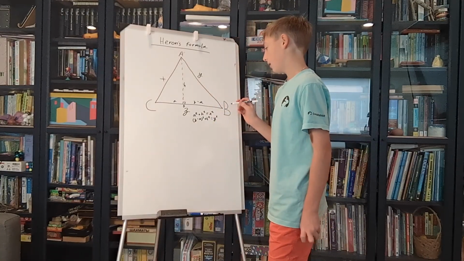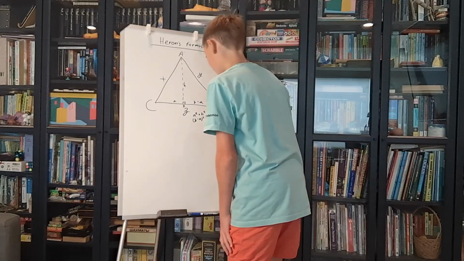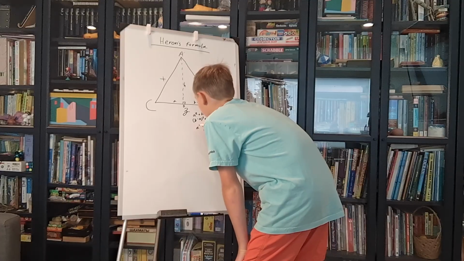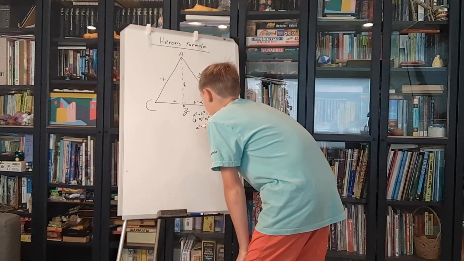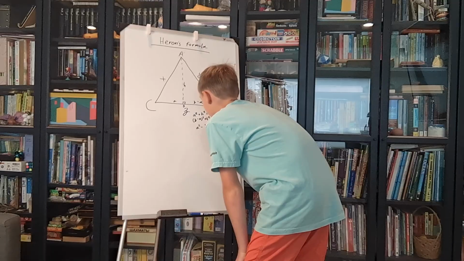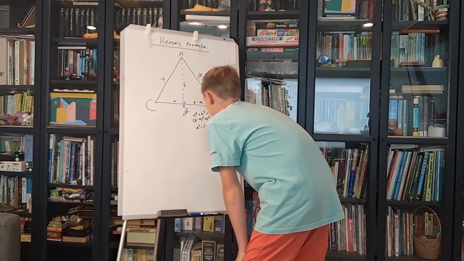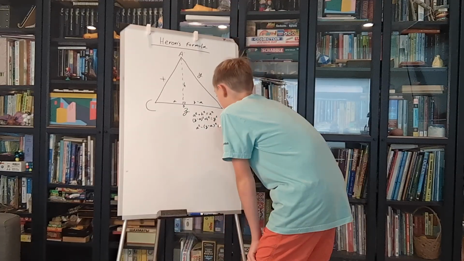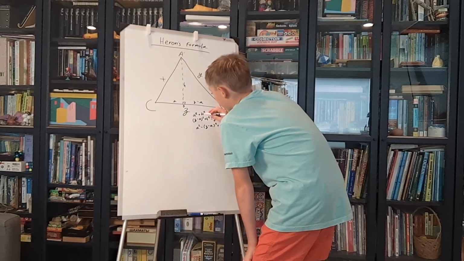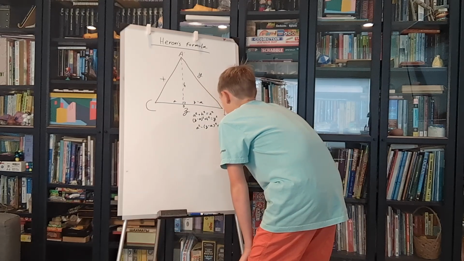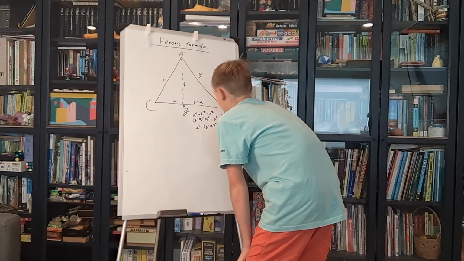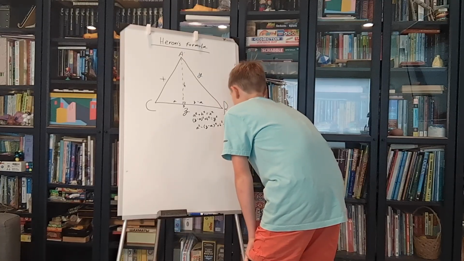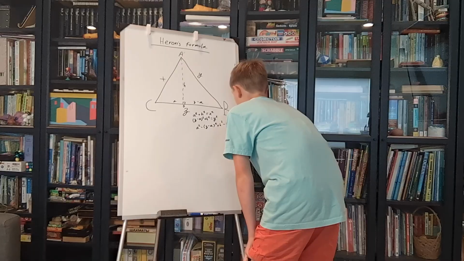And then if we subtract, we get A squared minus Z minus A squared plus H squared minus H squared equals X squared minus Y squared.